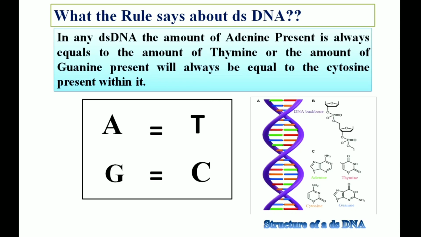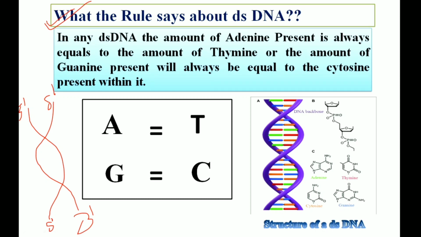So what does the rule say about the double-stranded DNA structure? As we know, DNA has a helical structure, right? They have a helix-like structure, and there are two different strands. Now one goes from 5' to 3', and the other goes from 3' to 5', and both are anti-parallel in direction.